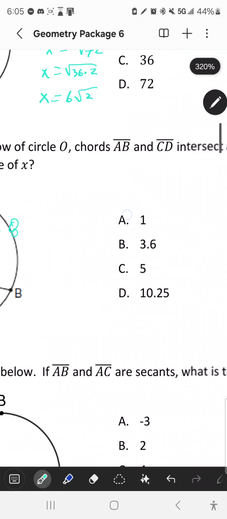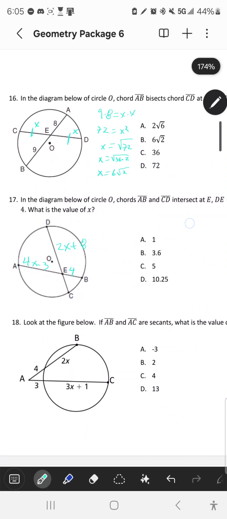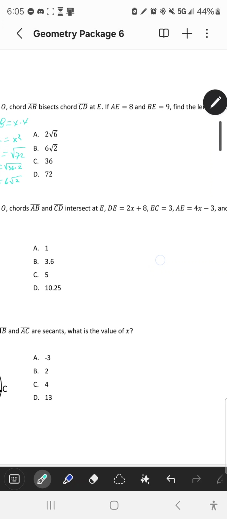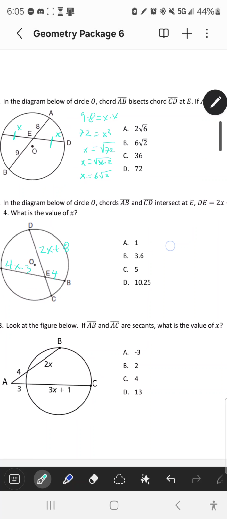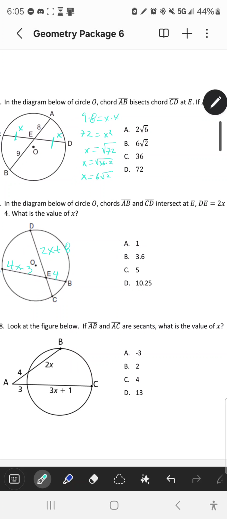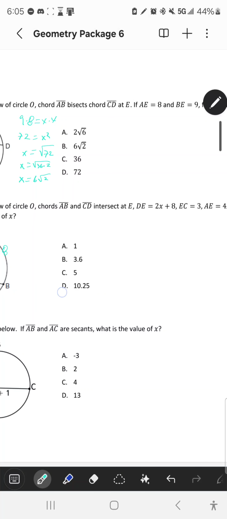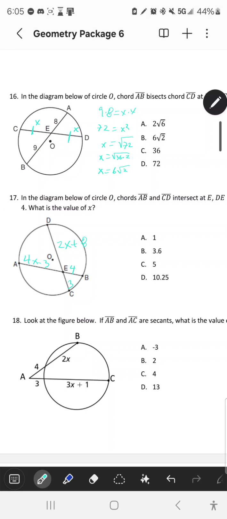What is the value of x? Okay. Oh, and EC is 3. Okay, I knew I was missing something.